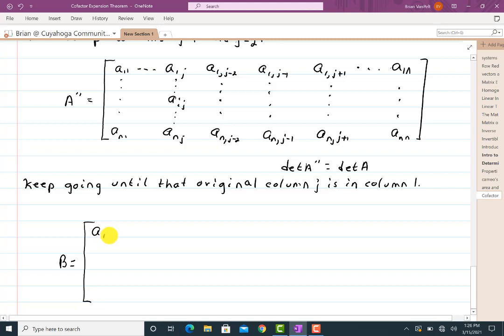So I'll have an A1J, AIJ, ANJ, and then after that I'll have an A11, AN1, and let me go at least to the places where I've plucked the column from. A1 comma J minus 1. After that is A1 comma J plus 1. So it's been removed essentially and gotten to the first column.